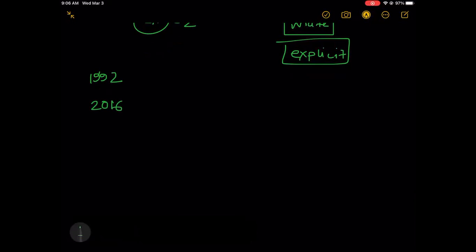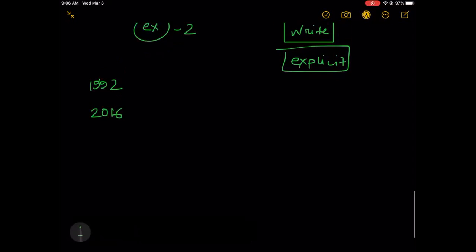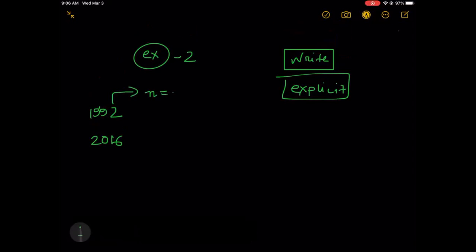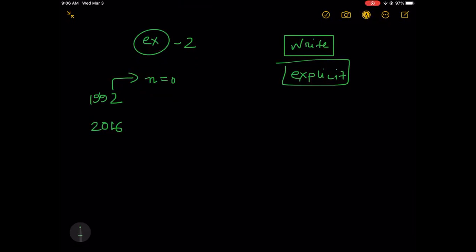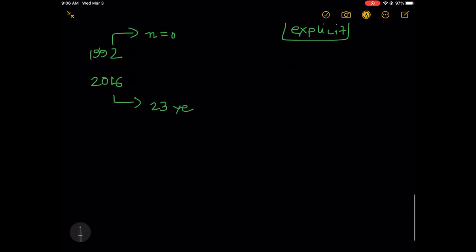So you can see we are looking for a large time duration. And if we consider this as n equals 0, the starting year, that means we are looking for the consumption after 23 years, right? Because this is a time duration of 24 years.